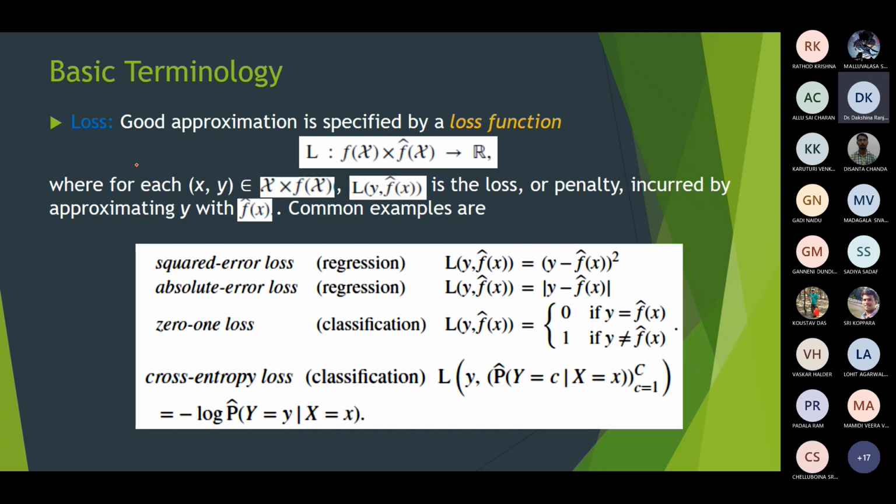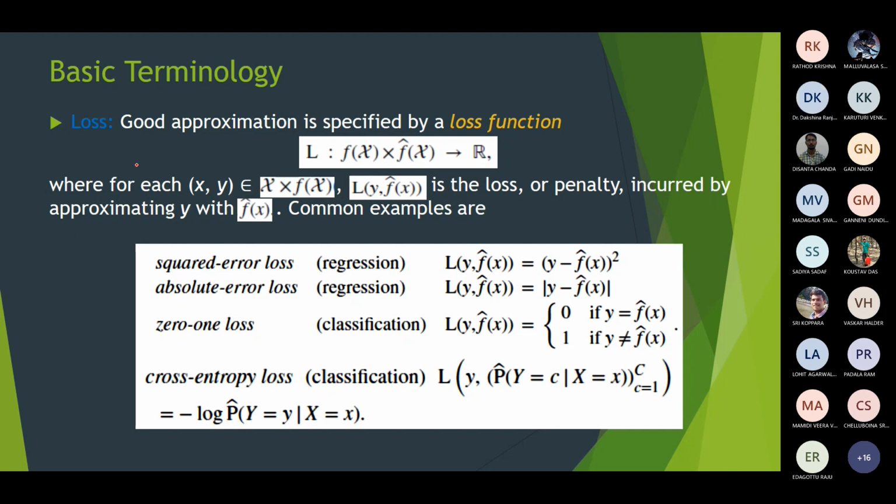So here small x is the data point, and y may be the function, that belongs to the feature space which is approximated by the range.